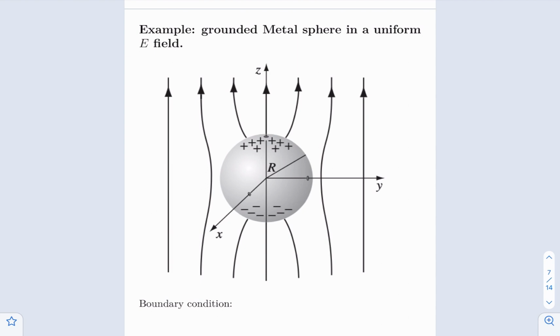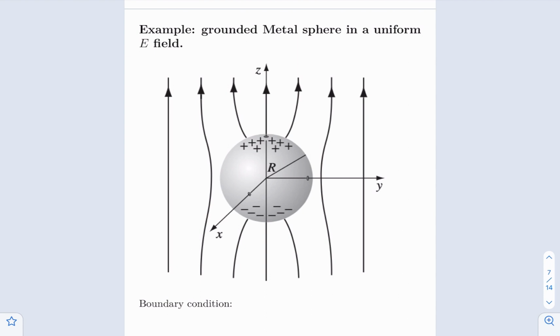So in this problem, there will be a very particular distribution of the induced charge on the surface. Right now, we are still not sure about this, but there has to be some positive charge over here and negative charge over there.